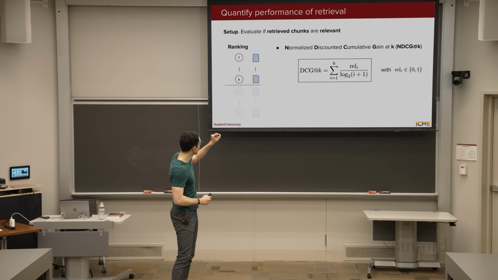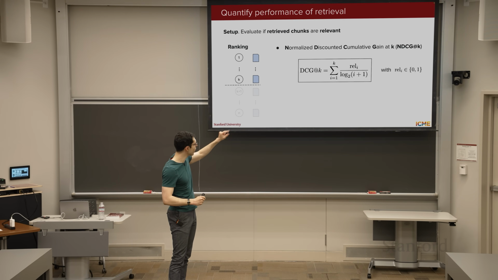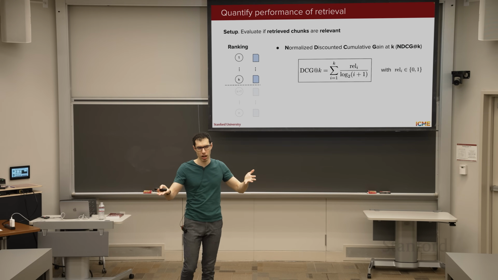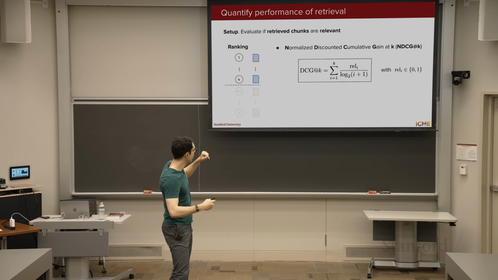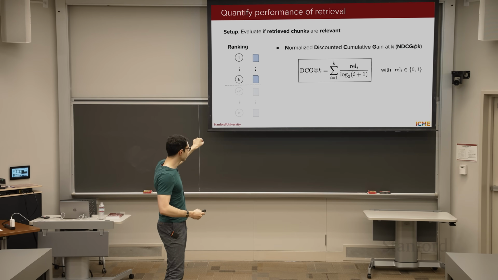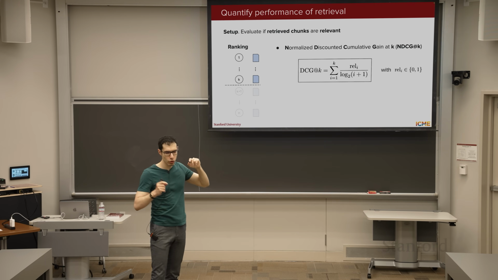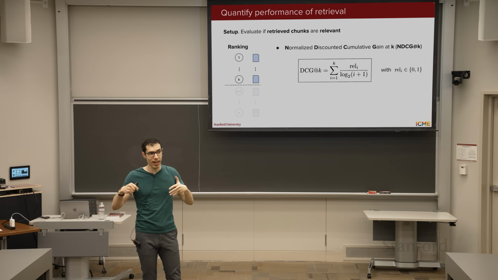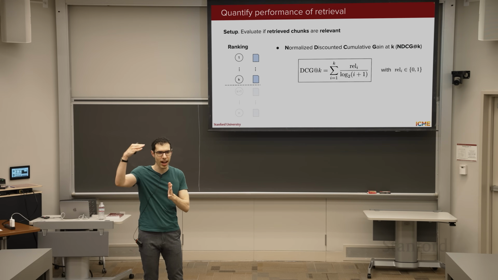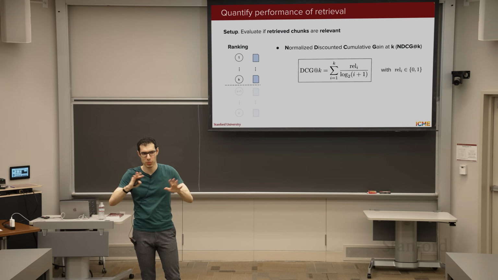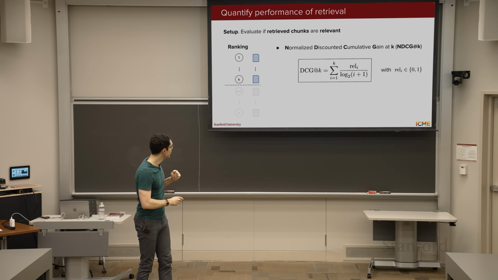So for instance, it checks the first position. OK, first position, is it relevant or not? If it's relevant, the relevance is 1, so it's 1 over some quantity that is a function of the rank. And it does that for all the ranks. So this score will be higher if you rank relevant documents high. That's basically the goal of this metric.